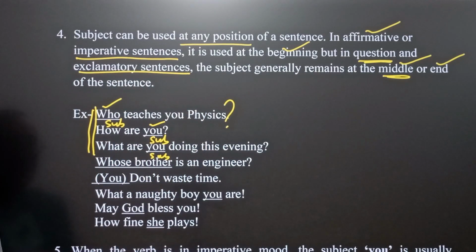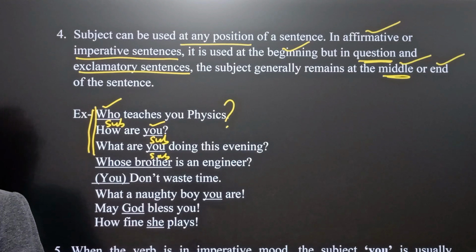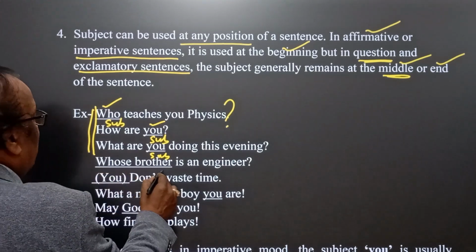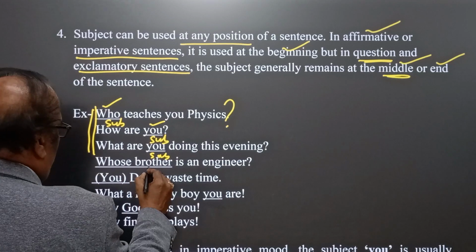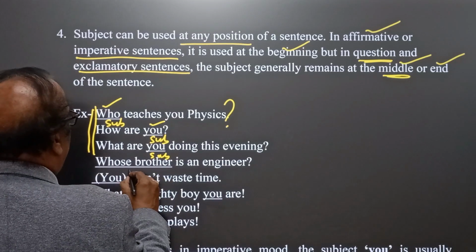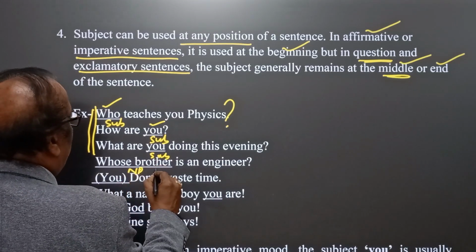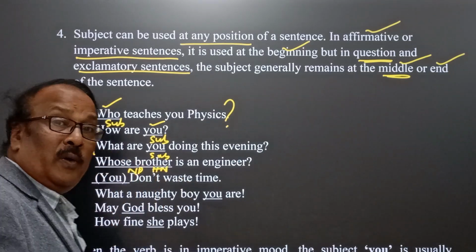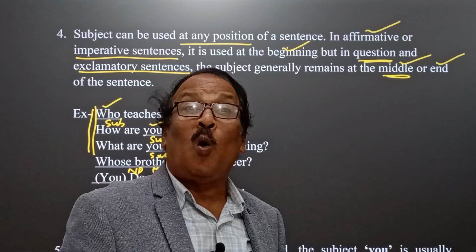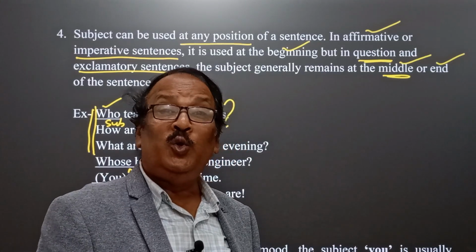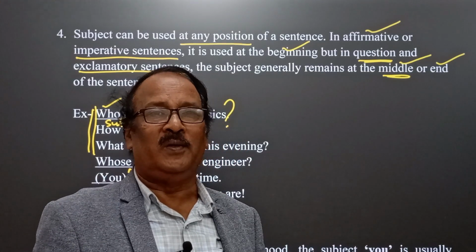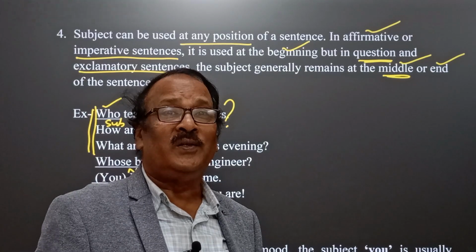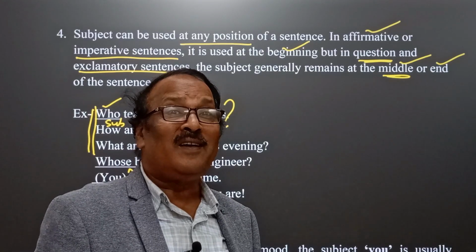Whose brother is an engineer? Yes, very interesting. Whose brother? Here, whose brother is a noun phrase. Brother is the head noun, and whose is the predeterminer, a WH determiner. Which class? What color?